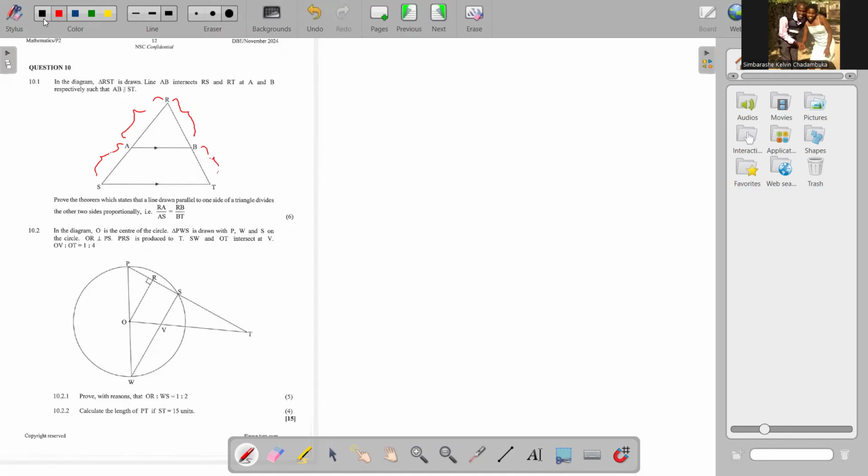So for you to be able to do that proof, the first step is you have to construct diagonals in the quadrilateral ABTS. You have to construct diagonals as your first step.